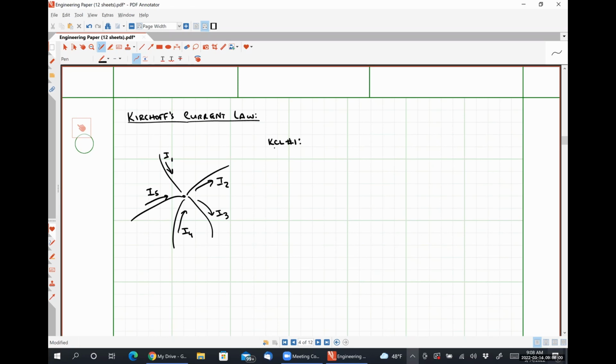Our first formulation for Kirchhoff's current law is probably the one that you're familiar with from your previous exposure, okay? And that says that the sum of the currents entering a node must equal the sum of the currents exiting a node.